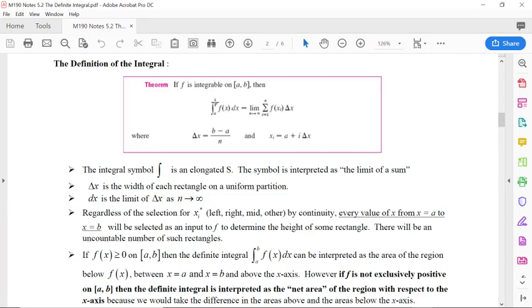It exists now as a finite value, and the dx is interpreted as the width of each rectangle. So when we look at f of x dx, we're thinking f of x is the height of a rectangle, dx is the width of the rectangle, and so the product of the two gives us an area.